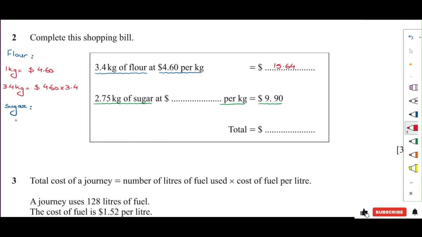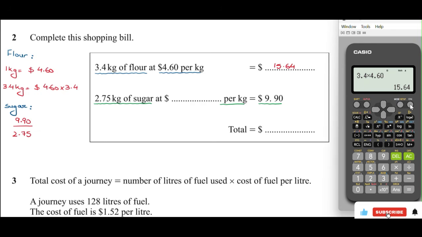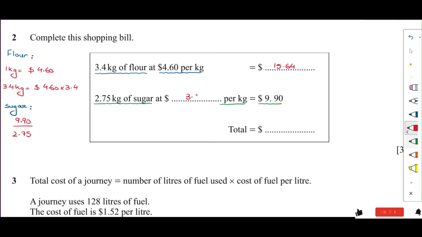So we have to do 9.90 divided by 2.75, the cost of 1 kilogram of sugar. Again, use the calculator and simplify. 9.90 divided by 2.75 is 3.6. So 3.6 is the cost per kilogram of sugar.